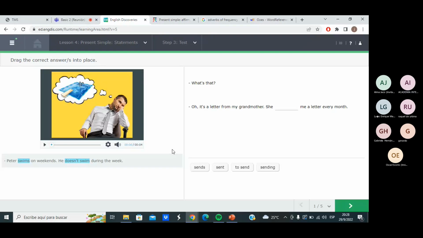Otro ejemplo, she uses, ella usa. Él dice, he says. He says that this is a difficult topic, for example. Incluso hasta usando un nombre propio debemos usar el verbo así, ¿verdad?